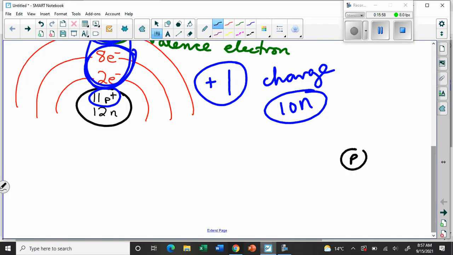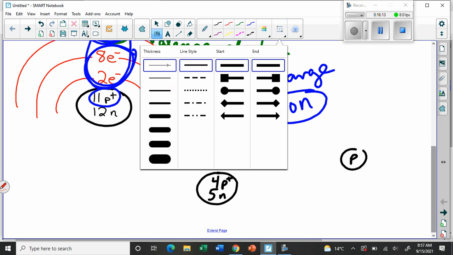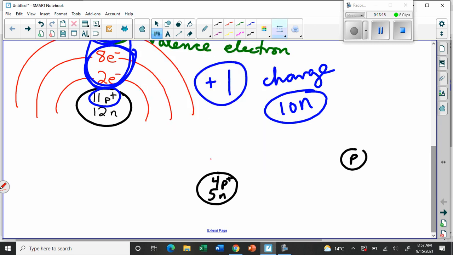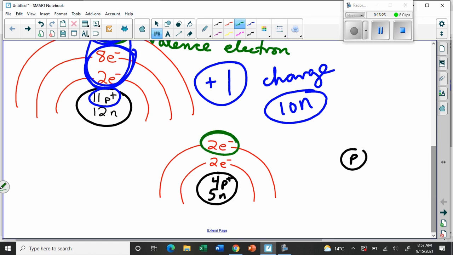So 4 protons, let's put those in the middle. 5 neutrons. Now, the electrons, there's going to be 4 of them, so 2 go here. The other 2 must therefore go up into the next level. And you'll notice that he has 2 valence electrons on the outside.